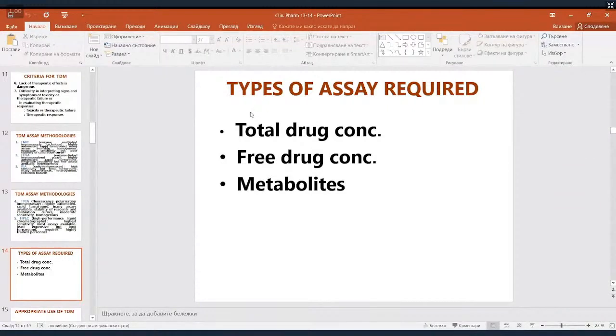If the metabolites of the drug are also of some therapeutic value, like they have some activity, then we can also measure the metabolites concentrations.